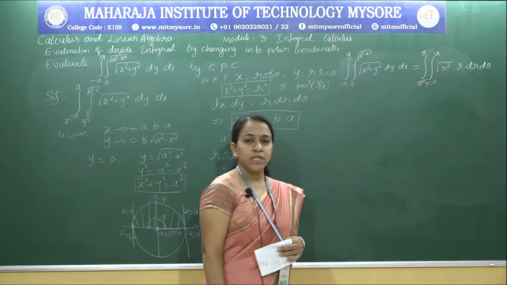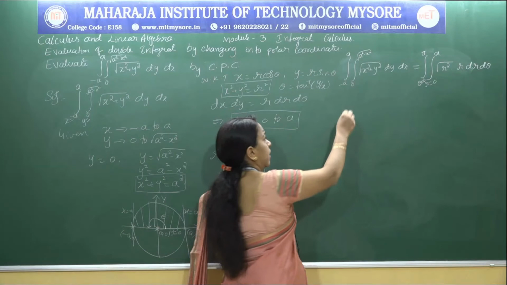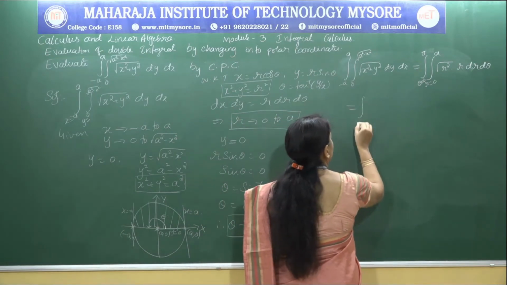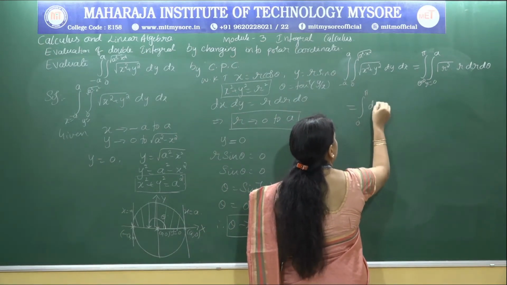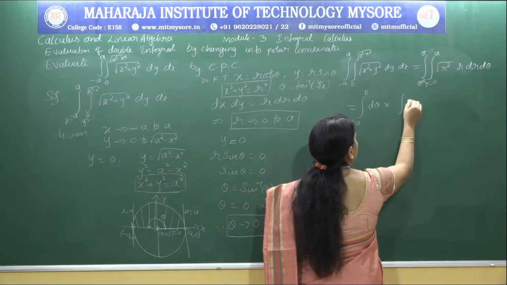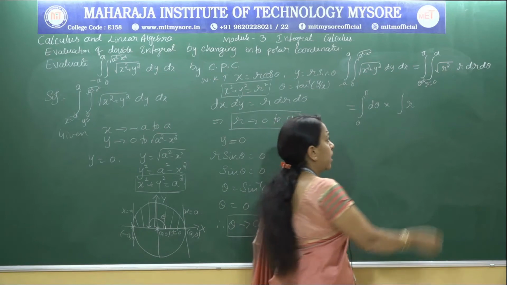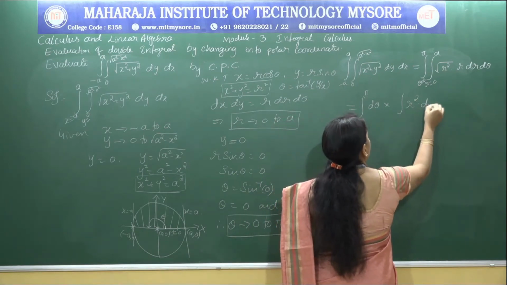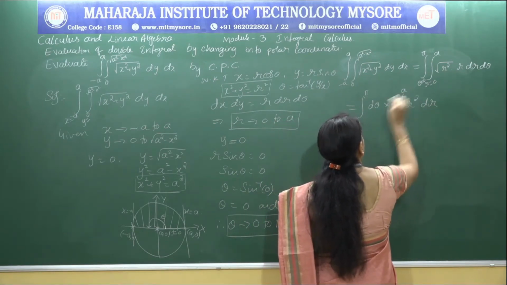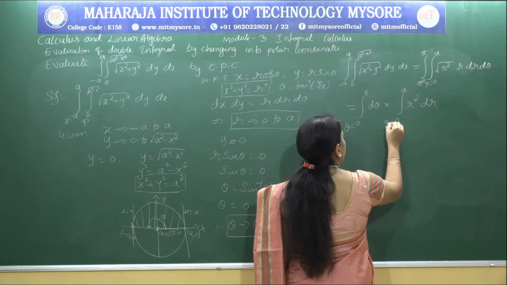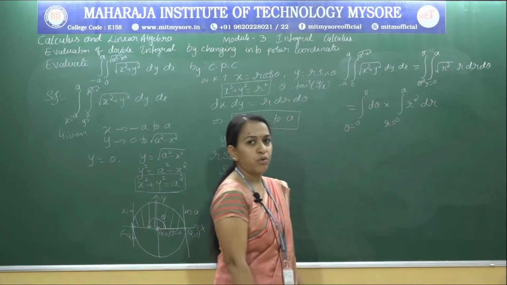So again we have constant limits, we can split the integral, that is integral 0 to pi d theta into integral r root of r square, which will be r into r, r square dr between the limit 0 to a. So theta varies from 0 to pi, r varies from 0 to a.